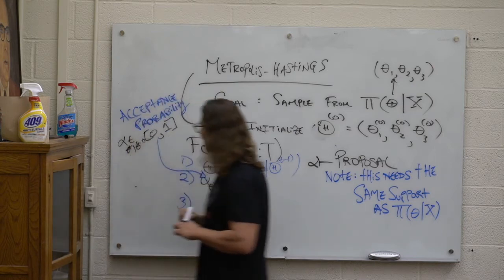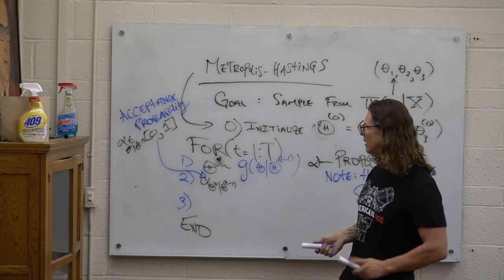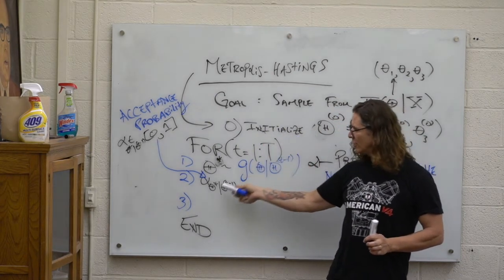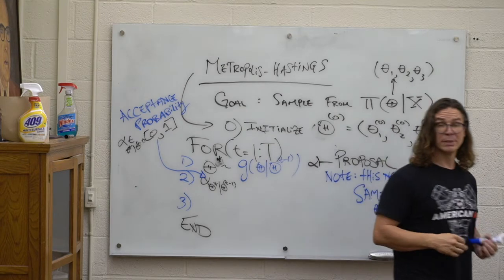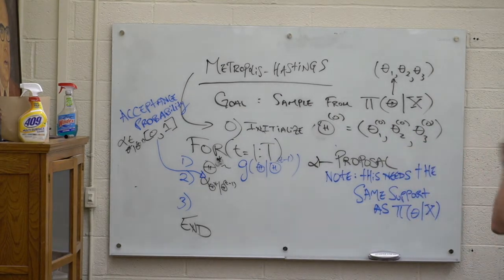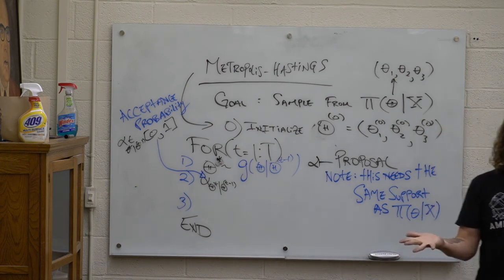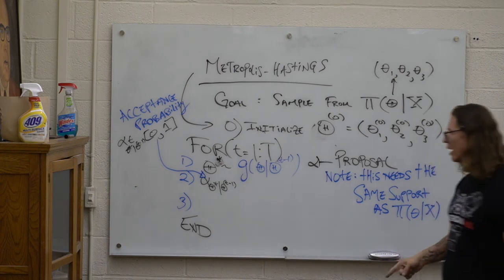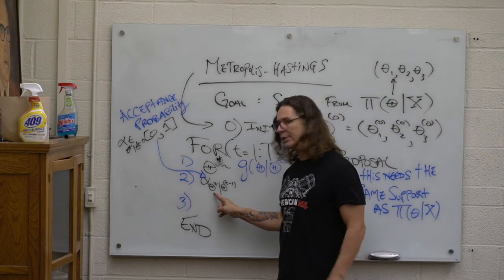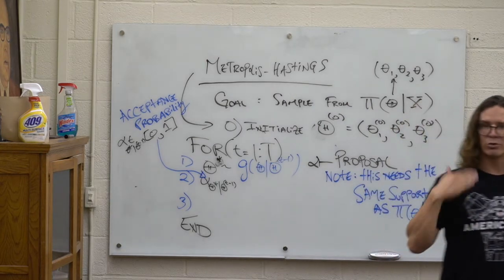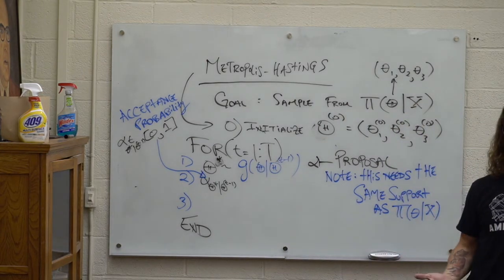What I'm denoting right here is the acceptance probability of moving from where I previously was to the proposed location. So I'm going to have this magic coin that I compute in every step of this algorithm, and I'm going to flip that coin exactly once. If it lands heads, I'm going to move to where I proposed. If it lands tails, I'm going to stay at the same location. And we're just going to keep doing that over and over again.